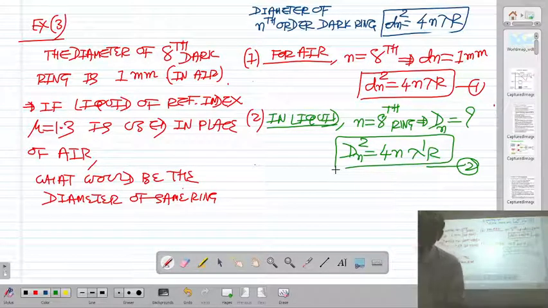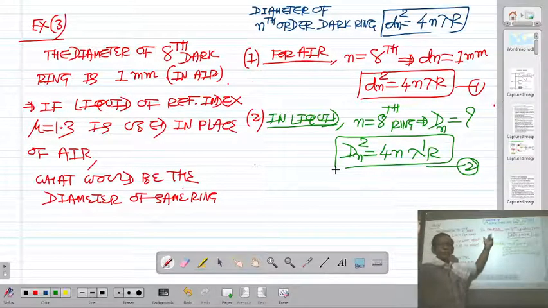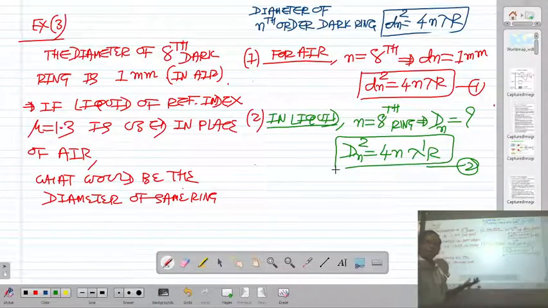Now instead of air, if you use a liquid of refractive index 1.3, water, then instead of an air film, a water film is formed between lens and plate.